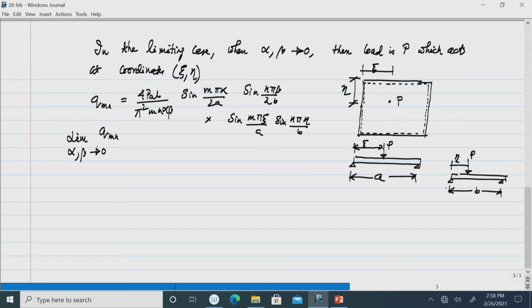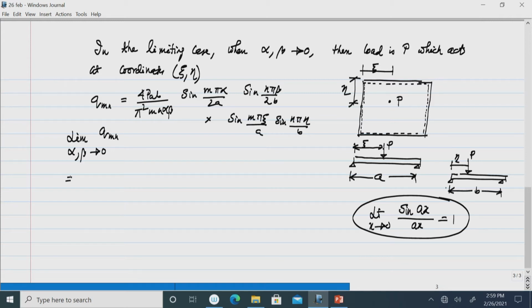If we take the limit, we know a very important formulation in our differential calculus: the limit of sin(ax) by ax as x tends to 0 is equal to 1. That formulation is known to us. Based on that limit, now let us take the limit of this function.